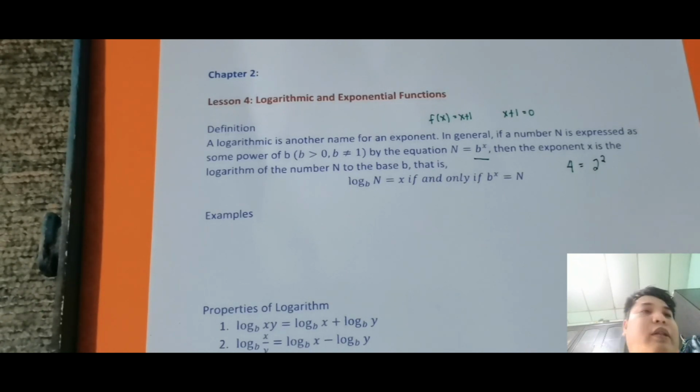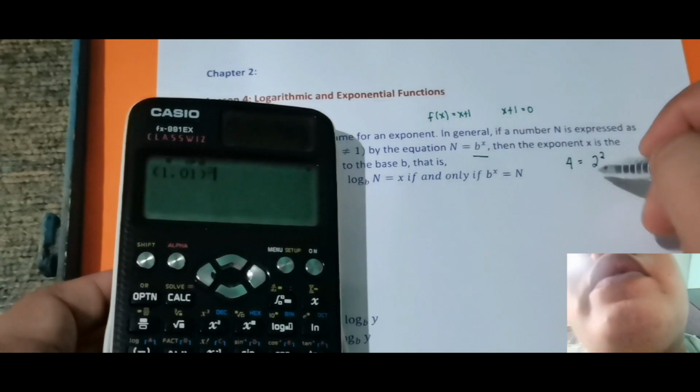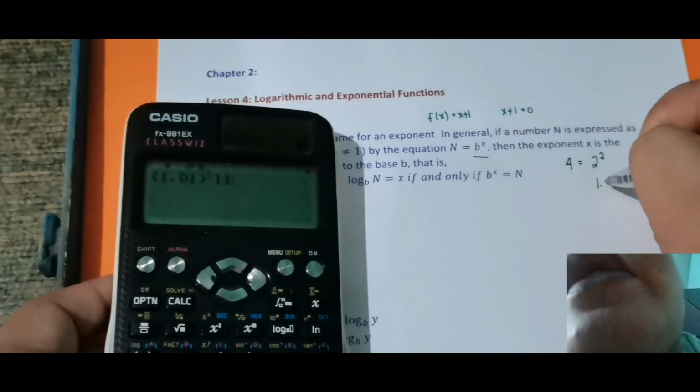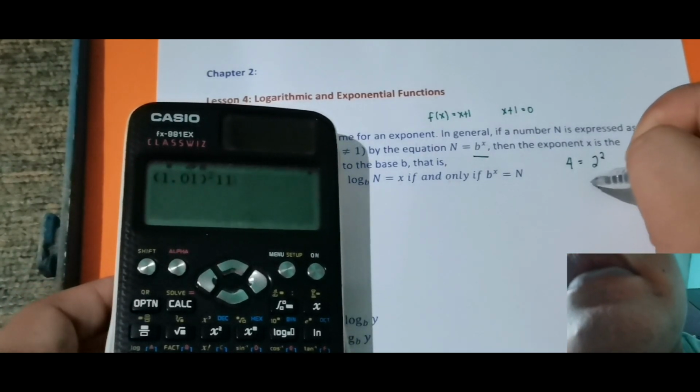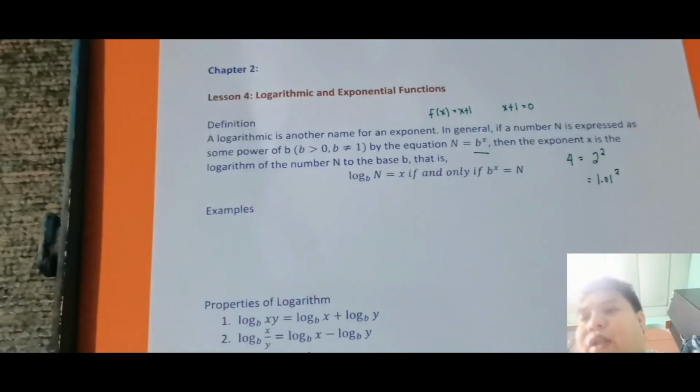So example tayo ng may decimal, no? Kunyari meron tayo 1.01 raised sa 2. So 1.01 raised sa 2 is equal to 1.01 times 1.01.